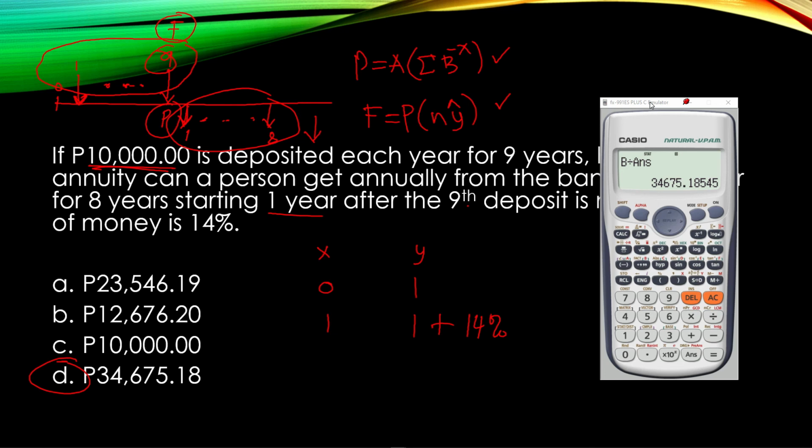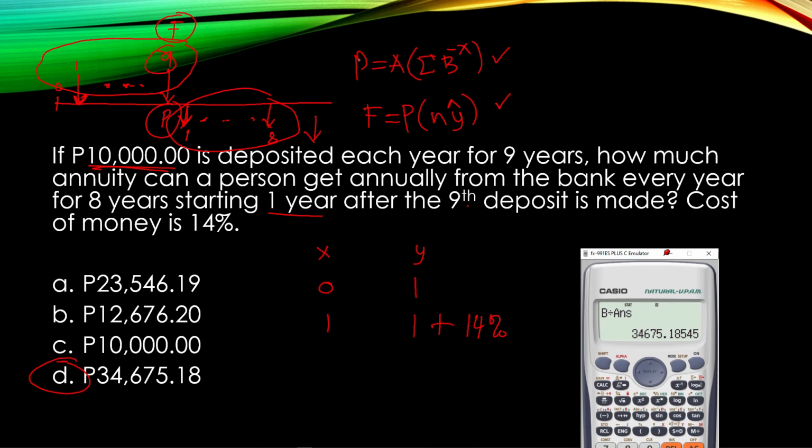Okay? But, if mahihirapan kayo kasi nga medyo matagal na kunin yung future amount kasi itong dalawang formula yung gagamitin natin. So, if you want to get automatically yung future amount, pwede natin i-modify yung formula nito. Okay? If you want, but if you don't want, then you can use these two concepts. Pero kung gusto mo magdagdag ng another, pwede naman.